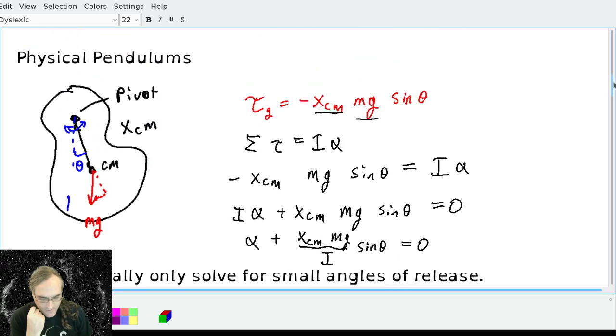Come back up, draw your shape out, locate its center of mass, locate the pivot point, think about the distance between them and identify it. If it consists of multiple shapes connected together, we'll find the distance from the pivot to the center of mass of each of the shapes individually. Find the torque due to gravity for each of the shapes individually. And then add up all the torques for all the pieces that make up the shape and set that equal to the total moment of inertia for the whole shape times alpha.